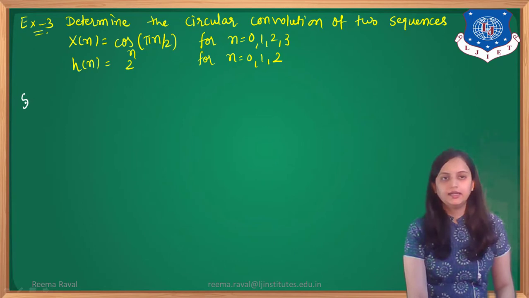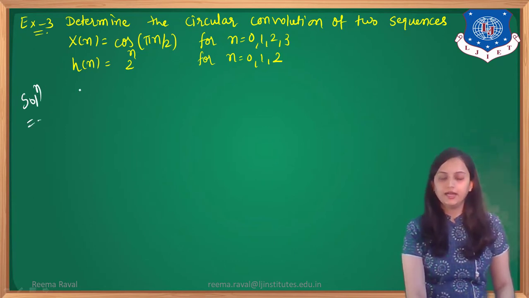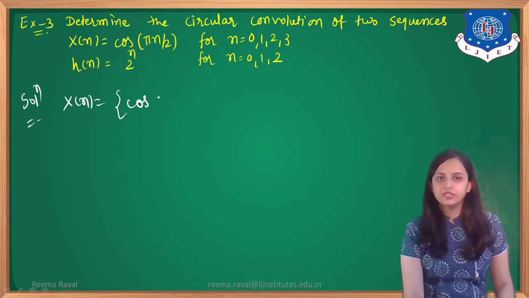For this, let us first find out x of n and h of n. So x of n equals, first of all we will take n equals 0, then 1, then 2 and 3. So the first value will be cos 0, that means n equals 0. Then the next value is cos pi by 2.